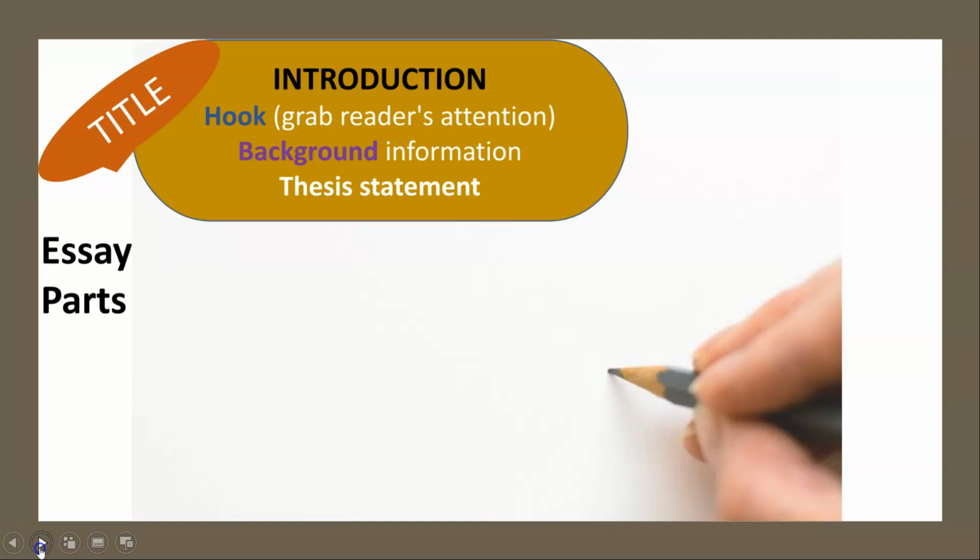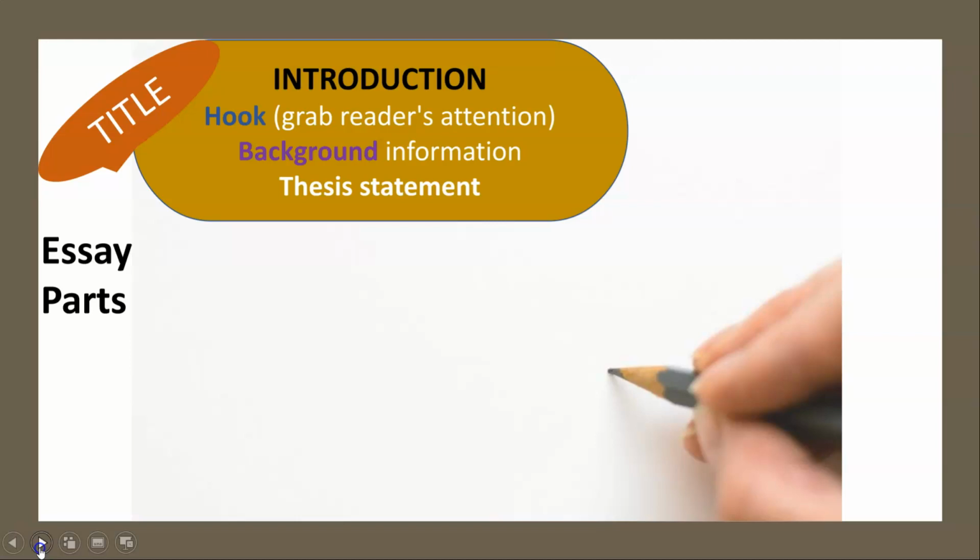Asking a question is an interesting way to write your hook. You can also use a declarative sentence just to state something, or you can say something exciting and put an exclamation point at the end just to grab your reader's attention.